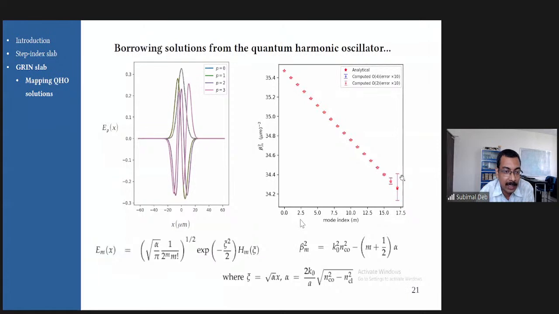The error has been amplified 10 times so that it is visible on the graph. The errors for the lower eigenvalues, which are the ones which you mostly excite in the paraxial or near non-paraxial domain, are almost negligible.